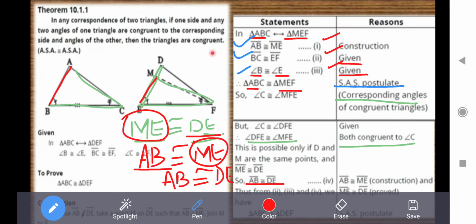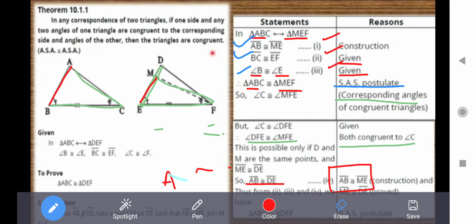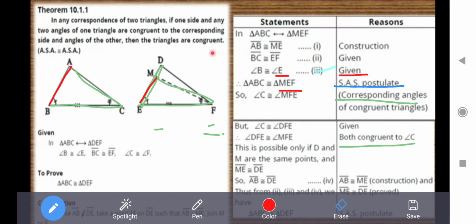You can see over here. Why? Because it was given in the construction AB is congruent to ME. So in the last, what we will observe from all these things is that BC is congruent to EF.